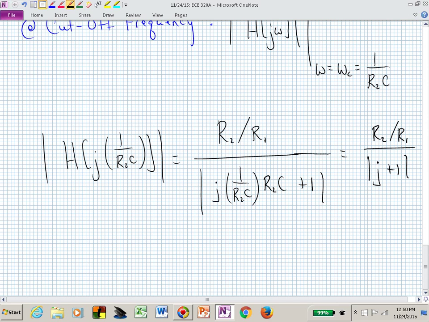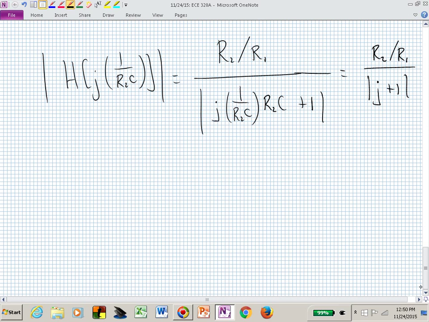And if you're looking at that in the complex plane, we're now going over 1 and up j. We are now looking at the length of that line, or the hypotenuse of a right triangle that has horizontal distance of 1 and vertical distance of 1.